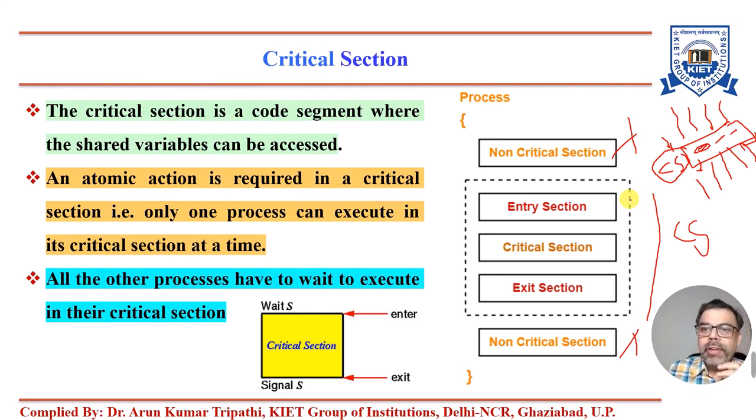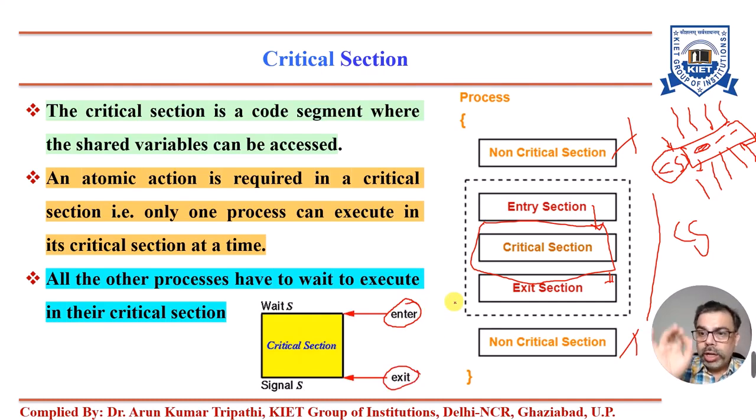For example, if this is a class and a faculty member wants to enter the classroom, after entering the class, he or she will lock the room or lock the latch, and when he or she comes out of the class, he or she will open the latch so that another faculty member can enter. Otherwise, there may be a possibility that more than one faculty member may enter the classroom. This should not happen. So in the critical section, there should be an entry condition and there should be an exit condition.